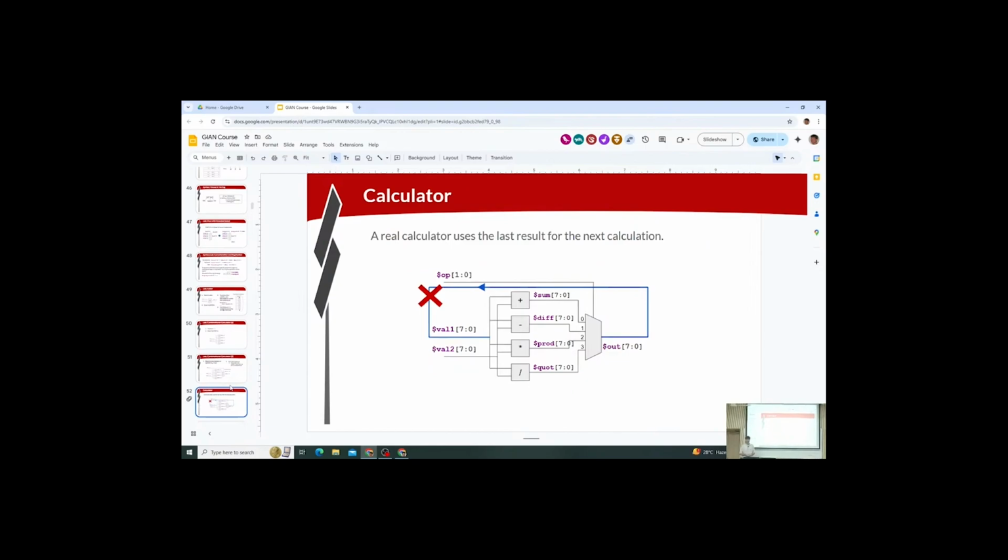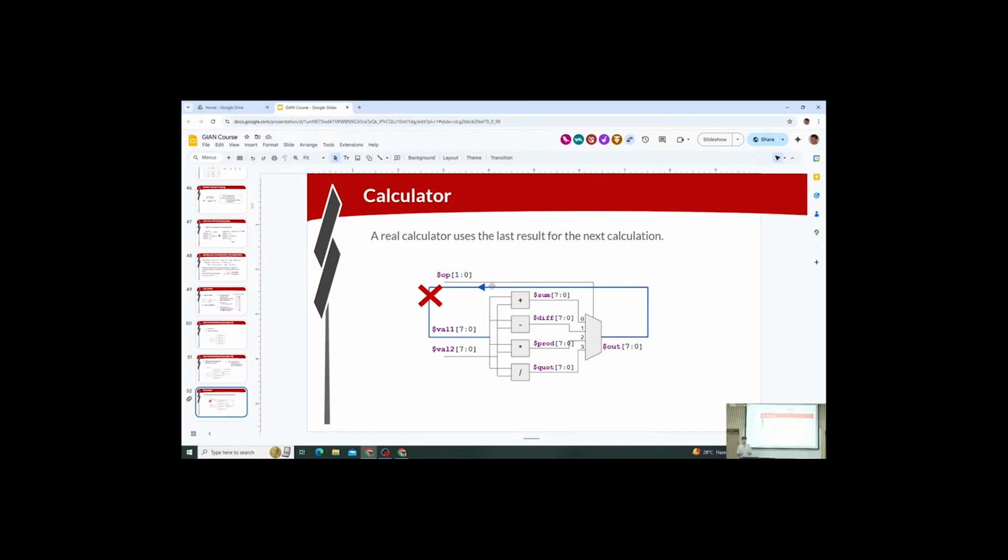So we beat combinational logic to death. Now it's time to introduce time. So let's talk about sequential circuits. So we're doing this calculator circuit. So far we've got 4 arithmetic operations and an op input that selects which operation we want.